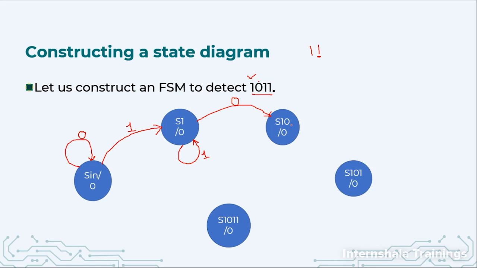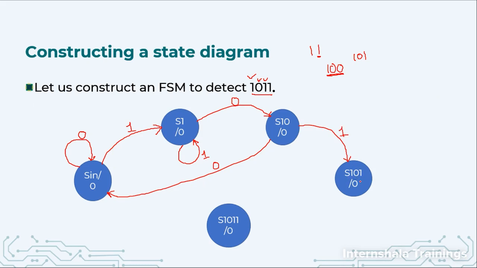Now we are at 1 0, and if I get input as 0, that means 1 0 is followed by 0. This is not part of my pattern, and we are going to go back to S initial. But if I get 1, then I have 1 0 1, which is part of my pattern, and I go to a new state called S101.